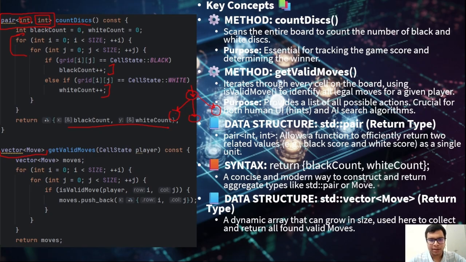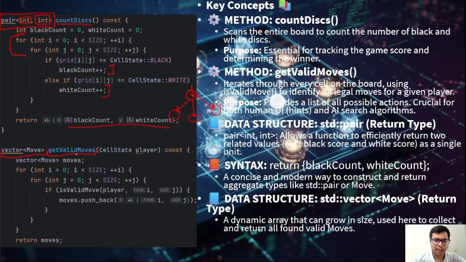Like I could place any disk anywhere, but it's not like that. If I pass all the 64 squares through that make move AI function, it would be very inefficient because I need to just check the valid positions, and get valid moves serves this purpose. It makes my AI know about all the valid moves it can make, and only those valid moves would be passed through that make move AI function.